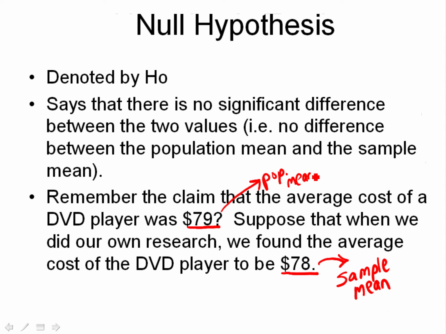And so when we talk about the null hypothesis saying that there's no significant difference between the two values, we're talking about no significant difference between the population mean and the sample mean. So in this case, if the population mean is 79 and our sample mean is 78, we would probably conclude that that's not a significant difference between the two values.